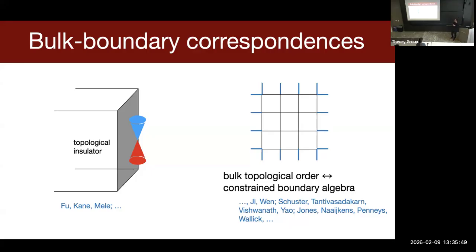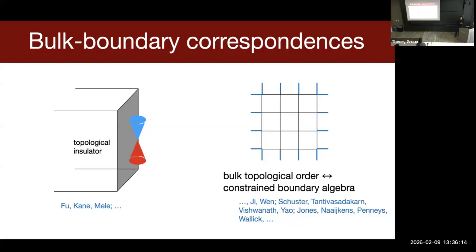So in the case of the topological insulator, the boundary hosts a single Dirac cone, which is impossible for any two-dimensional material with symmetries of time reversal and charge conservation. And so the bulk boundary correspondence has been intensely studied and generalized.